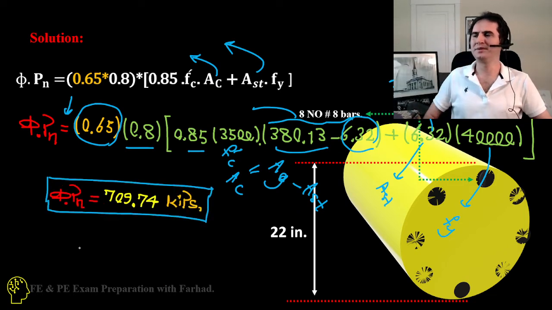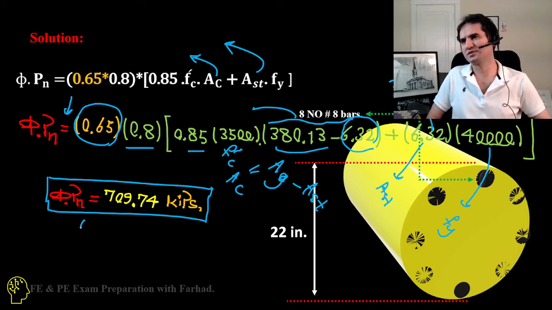And if you do the math, it gives you phi times Pn equal to 709.74 kilopounds, which is almost 710 kips.